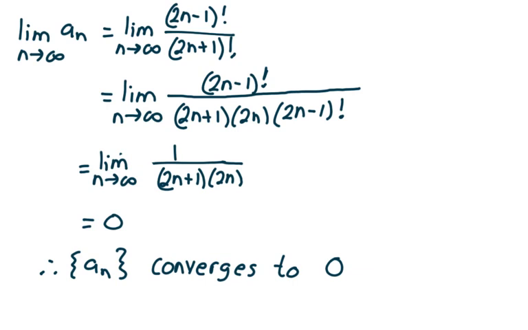And if you notice, the 2n minus 1 factorials go away. It reduces to 1. And so what we have left is the limit as n goes to infinity of 1 over 2n plus 1 times 2n. But this is equal to 0. And we can thus conclude that this sequence converges to 0. That's example 2.